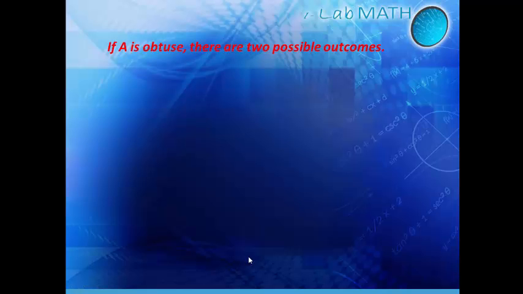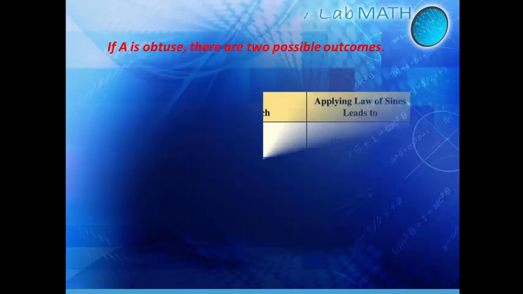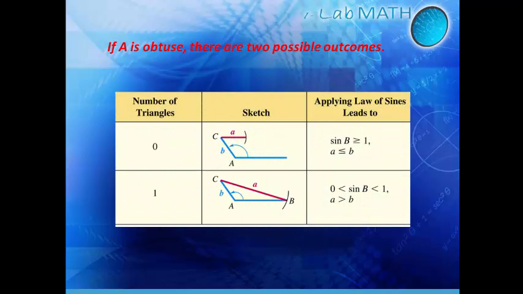If A is obtuse, there are two possible outcomes. So you have no triangle formed again if that side a is too short. When would that happen? If sine B is greater or equal to 1 and a is less than or equal to b.